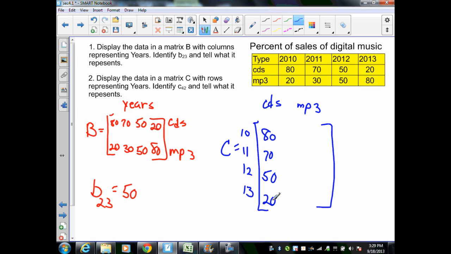And in year 2010, I have 20 MP3s, then 30, then 50, and then 80. And now they want us to identify element C for 2. That would be row 4, 1, 2, 3, 4, column 2, which would be 80.